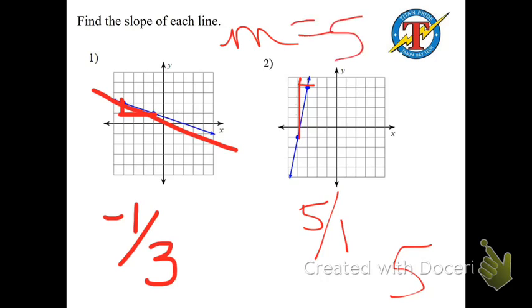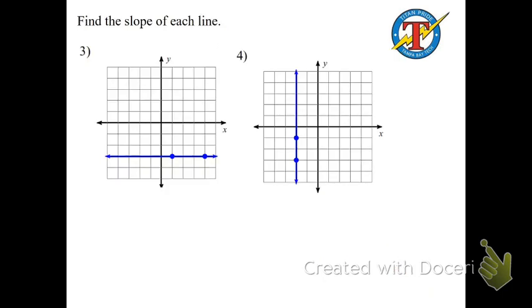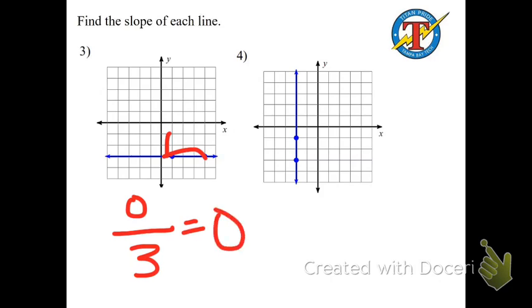Okay, sorry, so sloppy. Next, horizontal and vertical lines. You might memorize these slopes, but you don't really have to because you can still figure it out. Number 3. For this, if I start at any point, it doesn't matter which one I start with, I rise 0 and run 3, or run any number, it doesn't really matter. 0 over any number is 0.